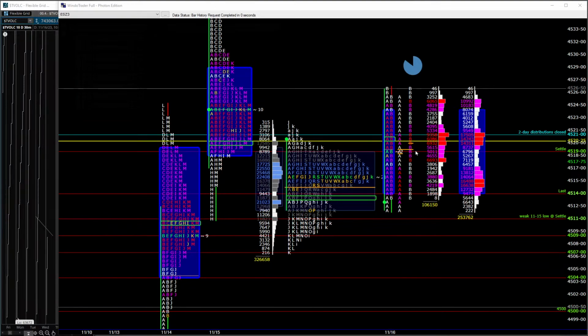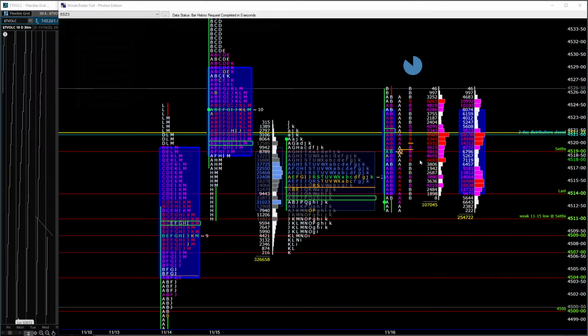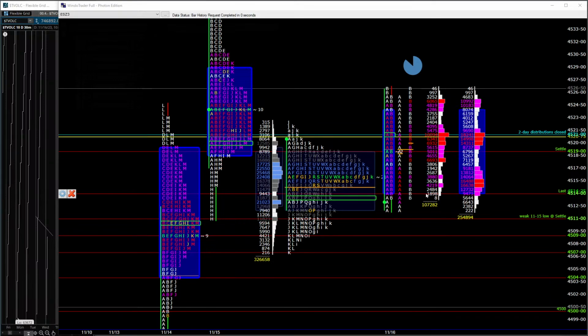The sooner a market gets wide, like 3 or 4 periods wide, early in the morning, the odds of having a directional move decreases. The odds of having a rotational market increases when that happens.